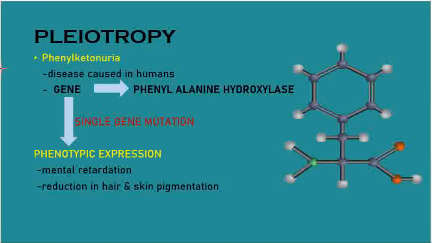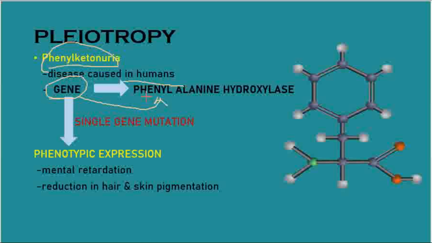So for example, you can take phenylketonuria. It is a disease caused in humans. Here a gene is responsible for the breakdown of phenylalanine. After the expression of the gene, an enzyme will be produced.